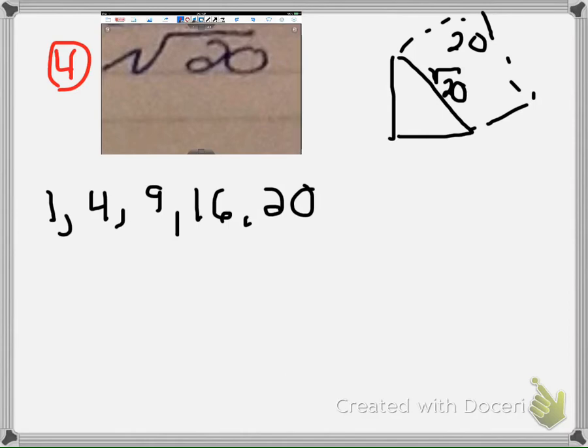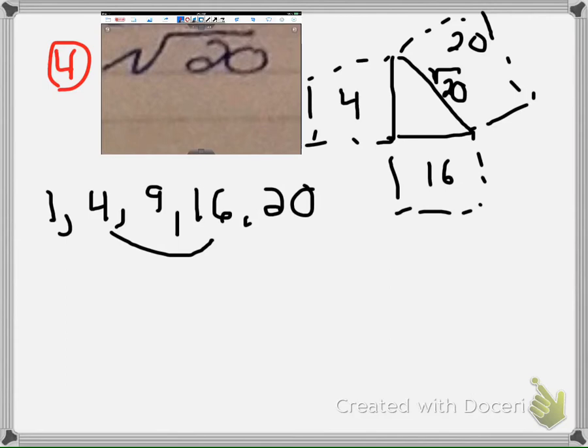It can't be 1 and 20, and it can't be 9 and 16, but 4 and 16 do add up to 20. So in other words, I know that if I had a square off of here that was 16 and a square off of here that was 4, those two would add up to 20. But I don't want to know the area of the square here. I want to know this run length, so I know what this is. So this would be 4, because the square root of 16 is 4.